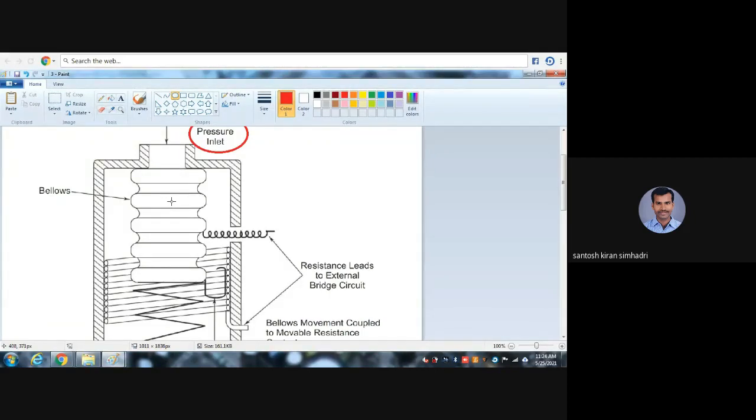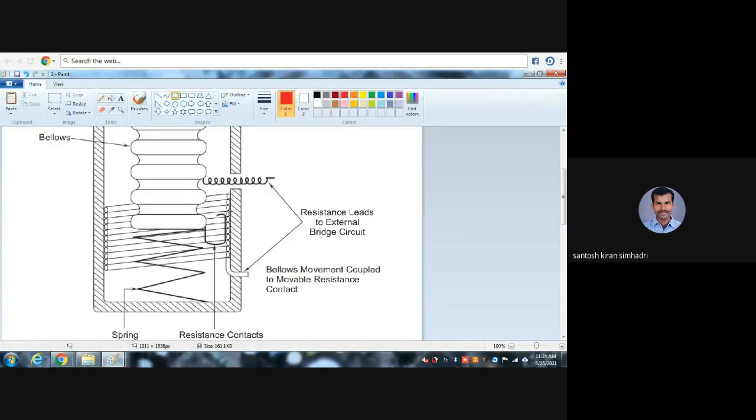If there is any change in the bellows, there is a change in this spring. So this is called resistance leads to external bridge circuit. This is some inductor type. If there is any change, then automatically this is one of the movable resistance circuits.